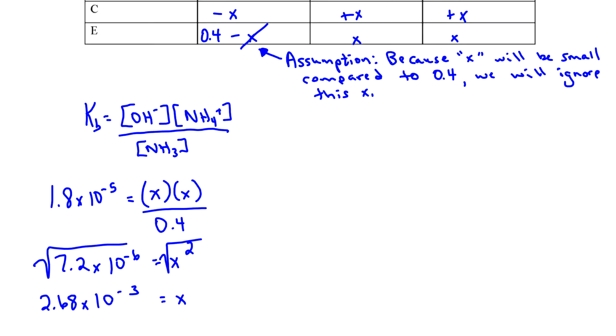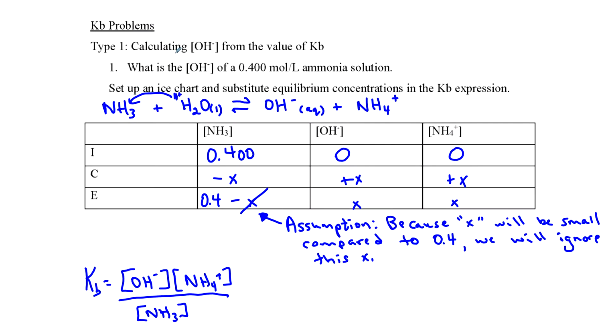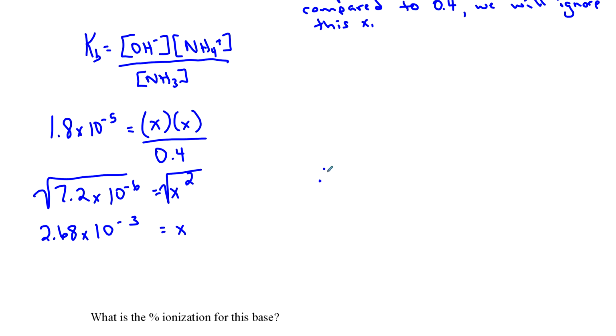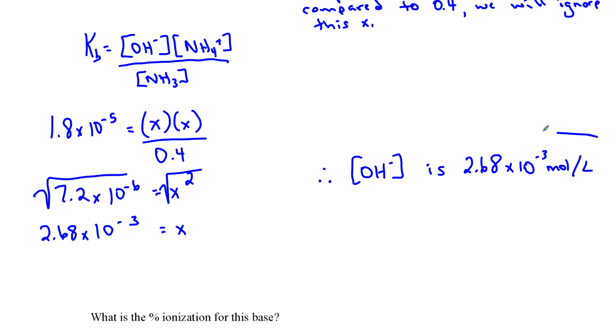The original question says calculate the OH negative concentration. Well, the OH negative concentration is represented by x, so we've just solved for x. I'm going to say over here, therefore, the OH negative concentration is 2.68 times 10 to the negative 3 moles per liter.